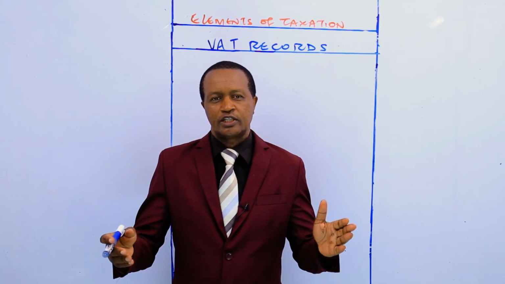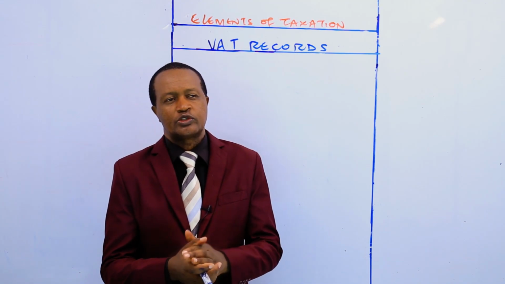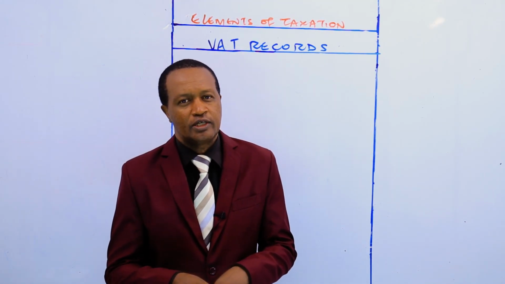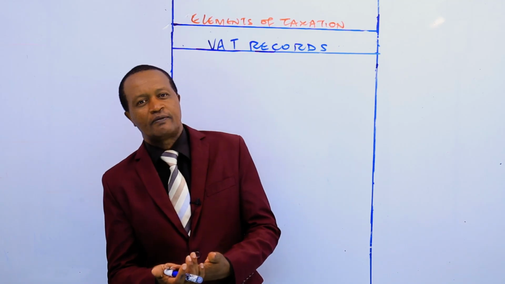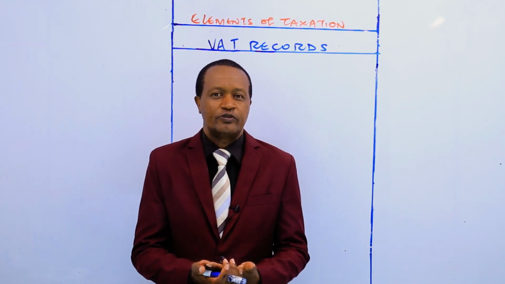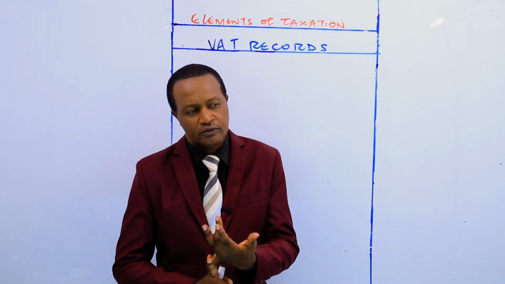Today we still focus on value-added tax, and we are going to focus on value-added tax records. In this lesson we will identify the key records that are required to be kept for VAT purposes. Then we look at the format.